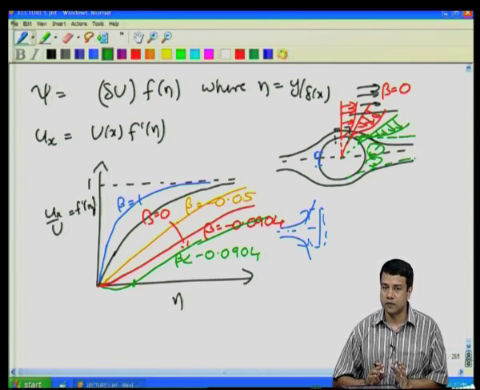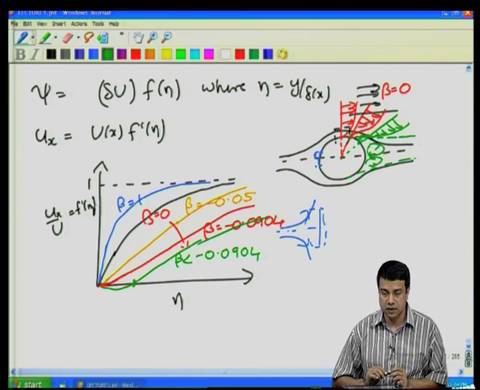When we calculated the force on the cylinder, we found that it was 0 in the absence of circulation. That was because of symmetry. The pressure in the Bernoulli equation was proportional to half rho u square, and u square on the upstream and the downstream sides in potential flow are the same. Unit normals are in the opposite direction, so there is no net force.